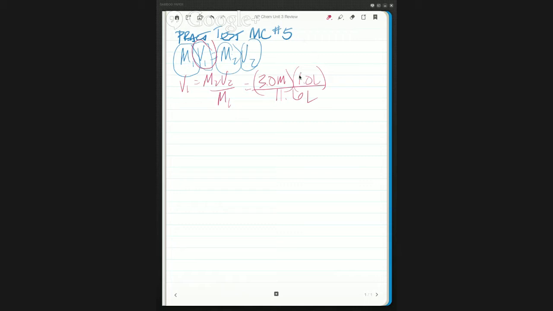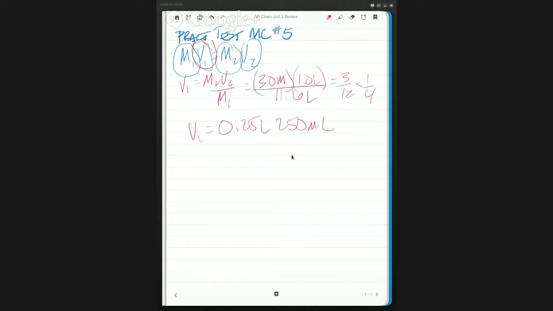So really what you're dealing with is 3 over 11.6, which you could argue is roughly 3 over 12, which is equal to 1 over 4. And so the question is, what would that be in liters? 1/4 would be 0.25, about 0.25 liters, which is about 250 milliliters.